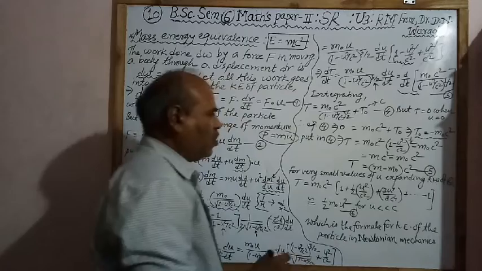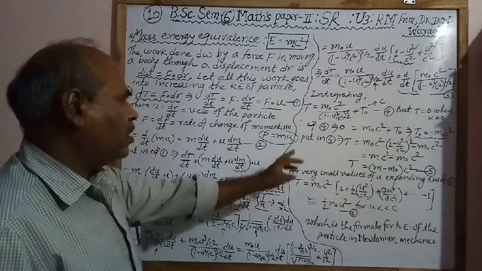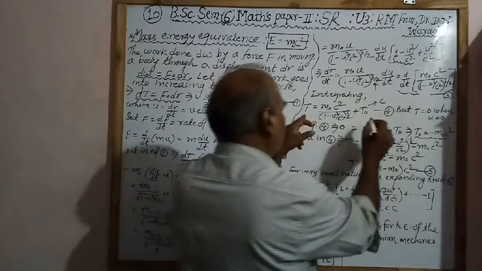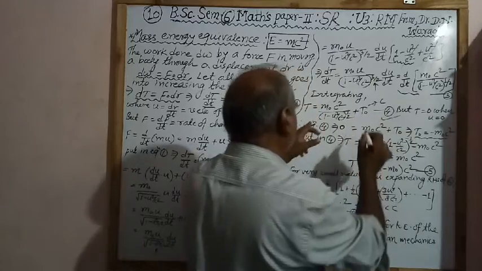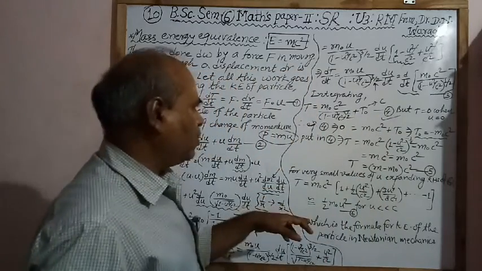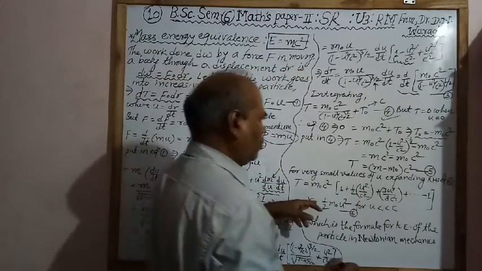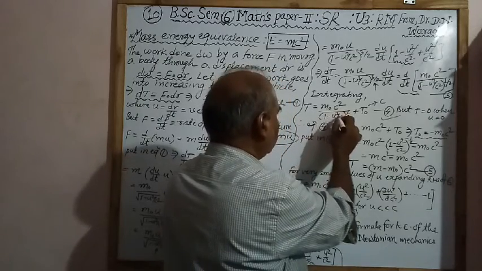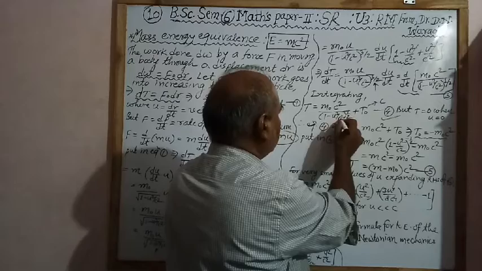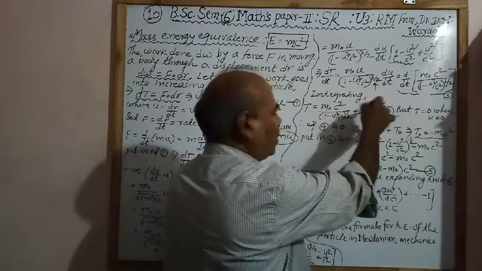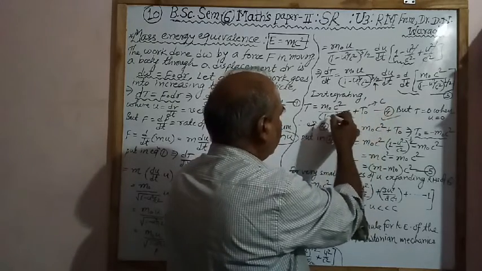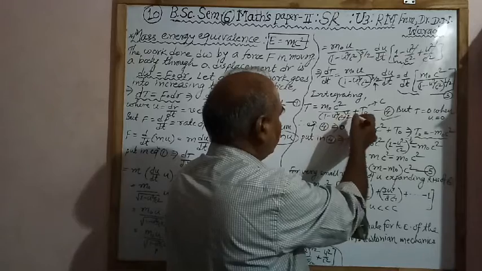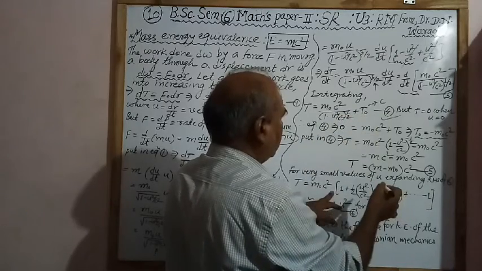For very small values of u, expand the right hand side of 4. Therefore m0 c square taken as it is. Then 1 minus u square by c square to the power minus half. Take to the numerator and expanding this by binomial theorem.